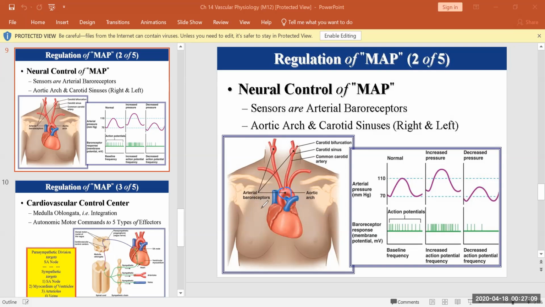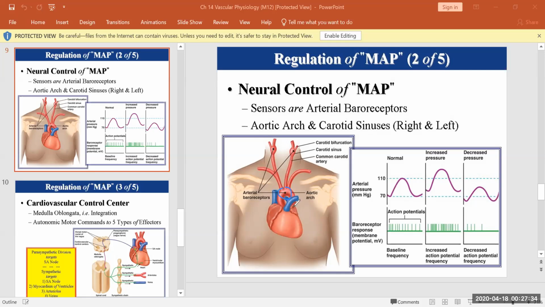They are basically receptors sensitive to pressure fluctuation, pressure changes, right? Arterial is because they are located in arteries as opposed to capillaries and veins. That's why we call them arterial baroreceptors. So one of which is located in the aortic arch.